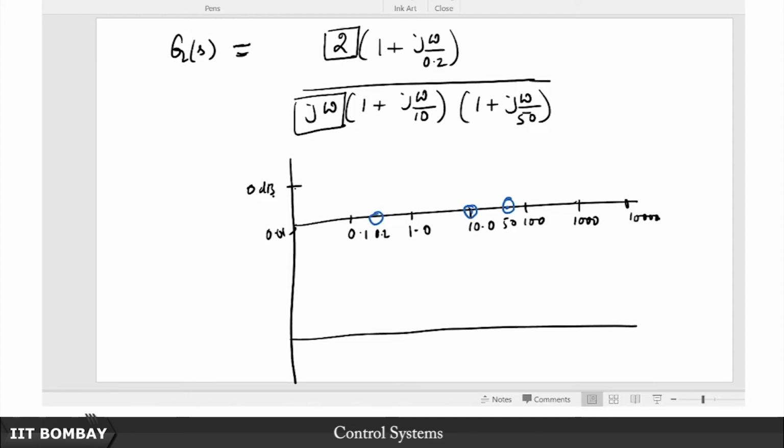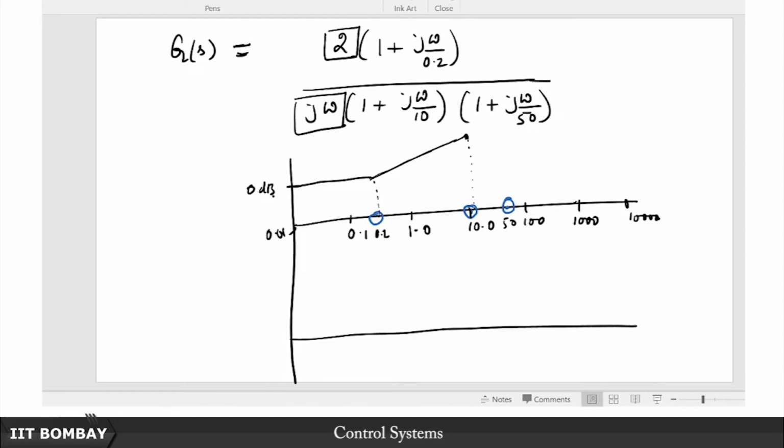So I will just start from 0 dB till I encounter the first break frequency, and I ask myself, what is this break frequency? Is it corresponding to a pole or a 0? I see that it is corresponding to a 0. So I start raising this at 20 dB per decade, until I encounter the next break frequency, and I ask myself whether it is a pole or a 0.